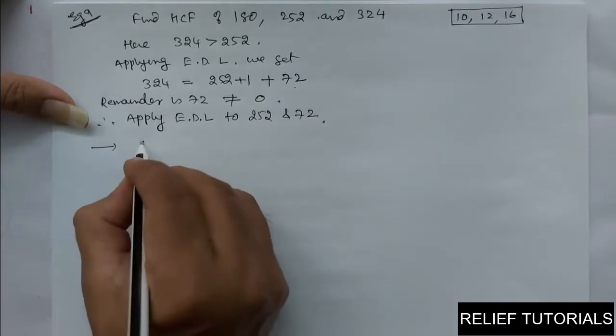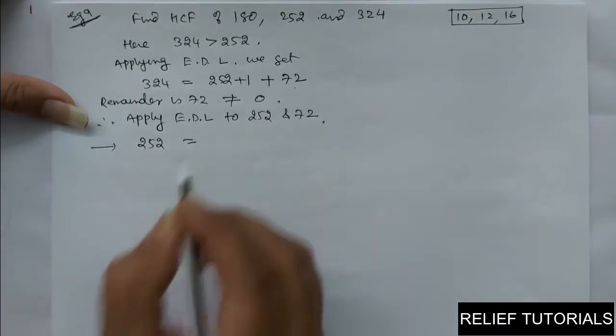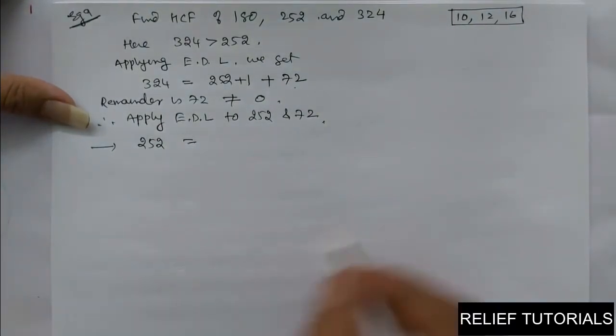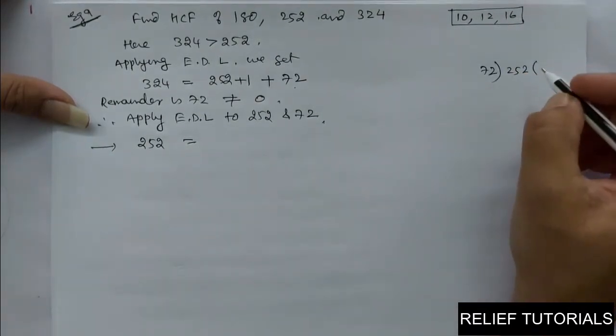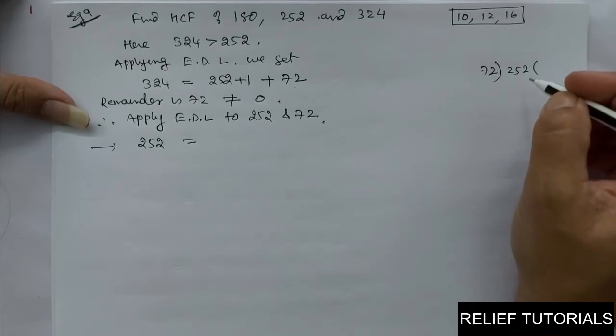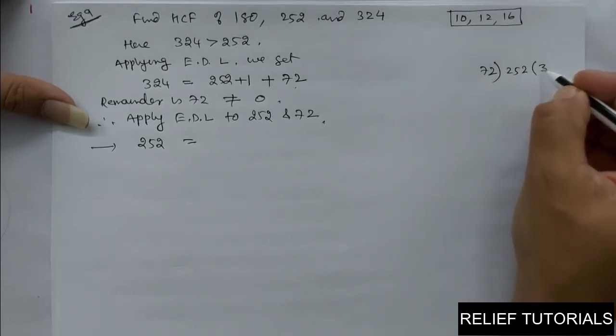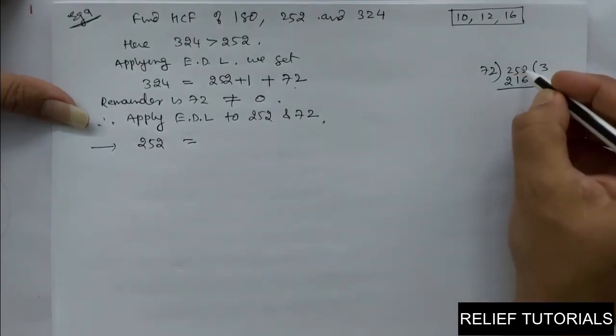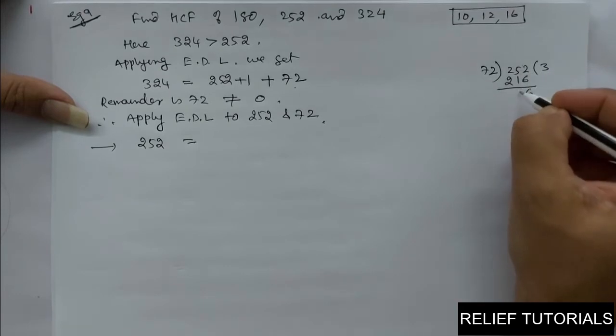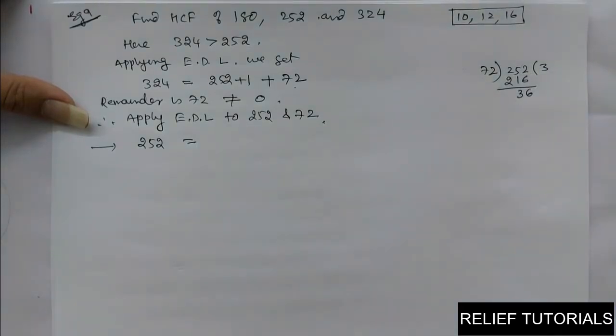So now again, 252 is equal to 72 into, how many times will it go? You have to find that. So 252 divided by 72, you will get, for example, 3 times. 3 2s are 6, 7 3s are 21, 216, 252 minus 216, 36 will be the remainder.